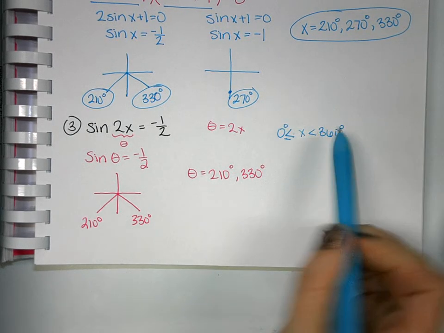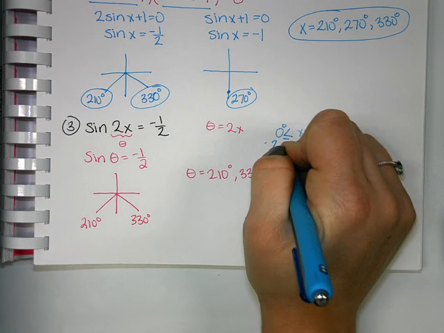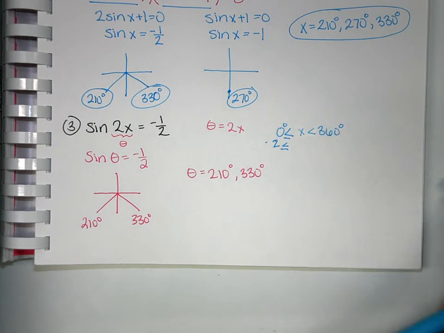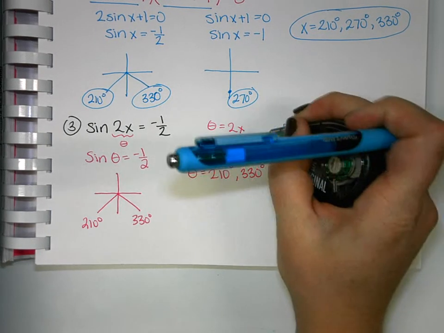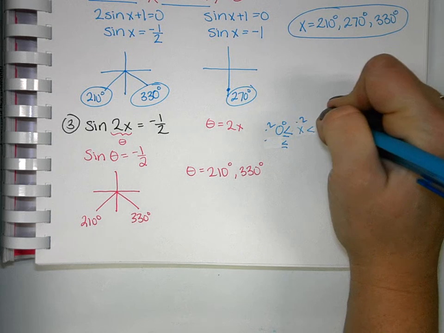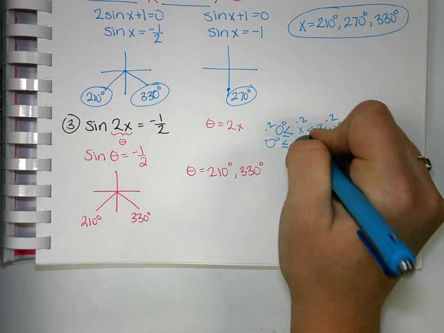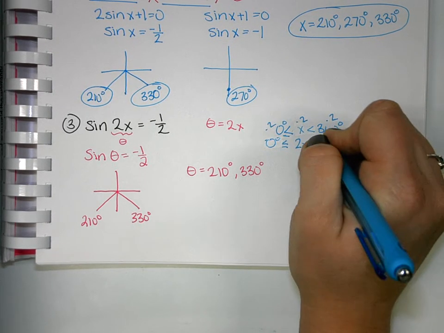But we don't have x, we have 2x. So if I multiply everything by 2, sorry, I didn't mean to write that there. Multiply everything by 2 in my inequality, I'll get 0, 2x, and 720.